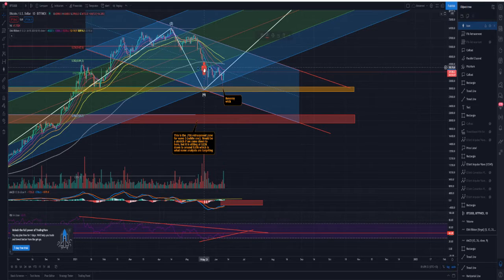Just scale him down to make it a little more realistic. Actually, you know what? No, make him a little bigger. There we go. Mr. Big Wick's wick hit the 618. So, bounced off there. I personally might call that the bottom.